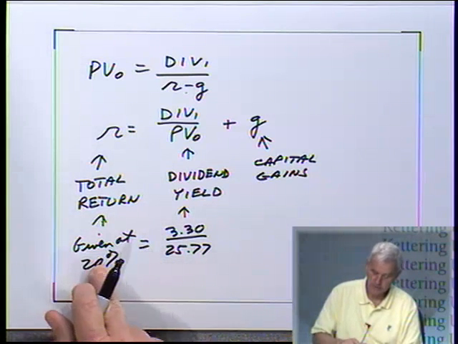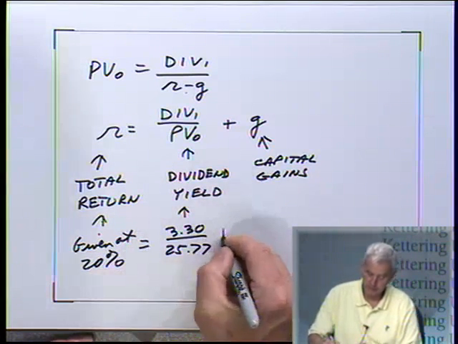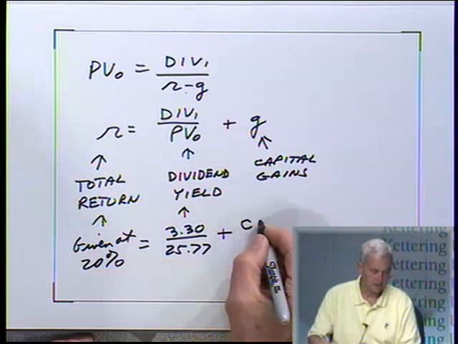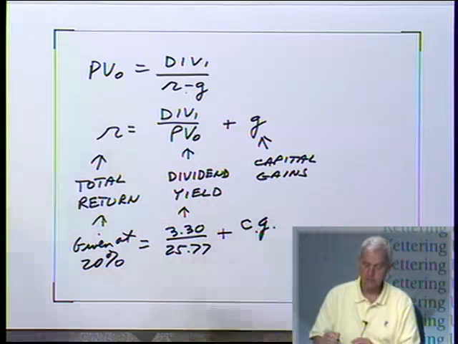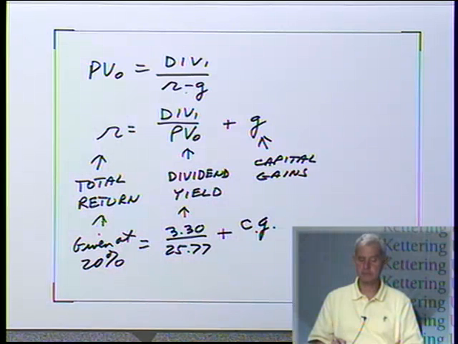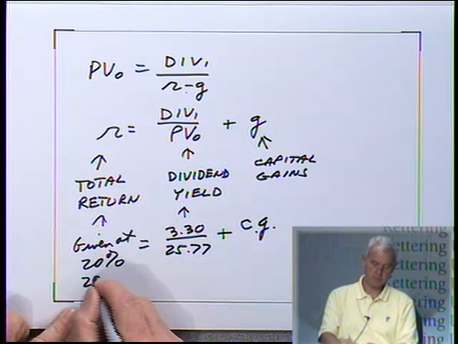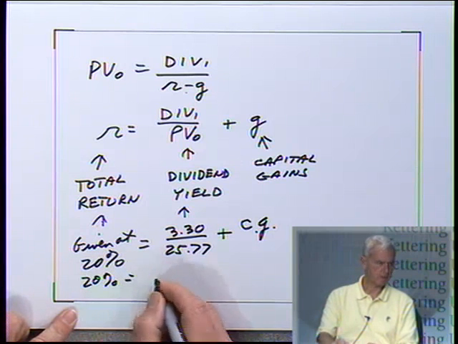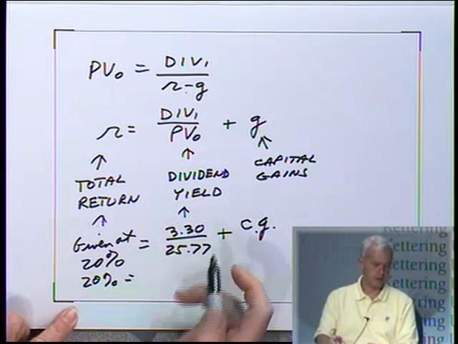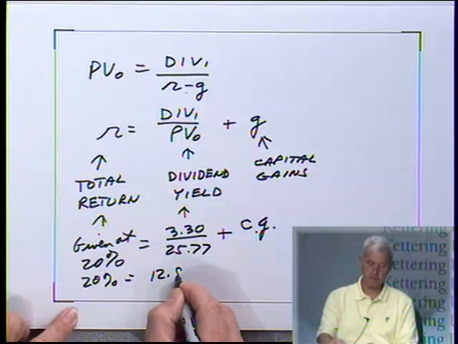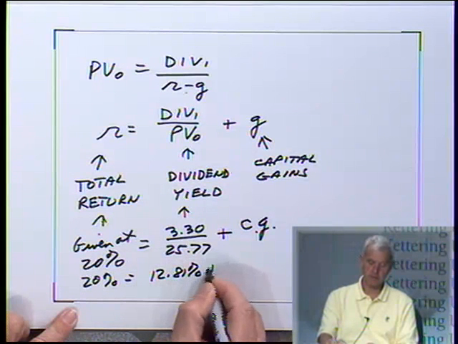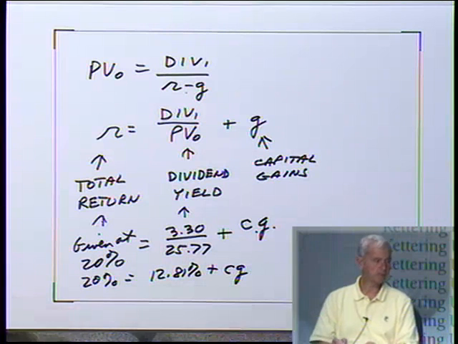So the 20% plus the dividend yield equals capital gain, CG for capital gains. If I divide this out and leave it as a percent, 20% equals 12.81% plus my capital gains.